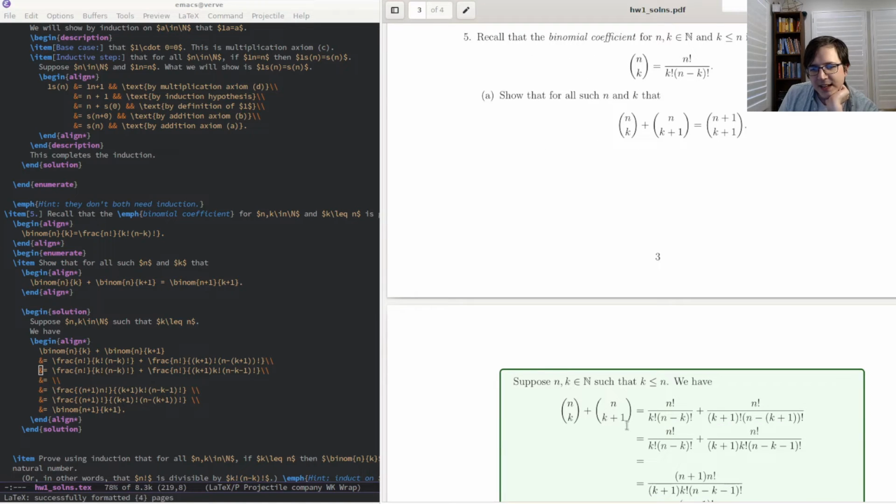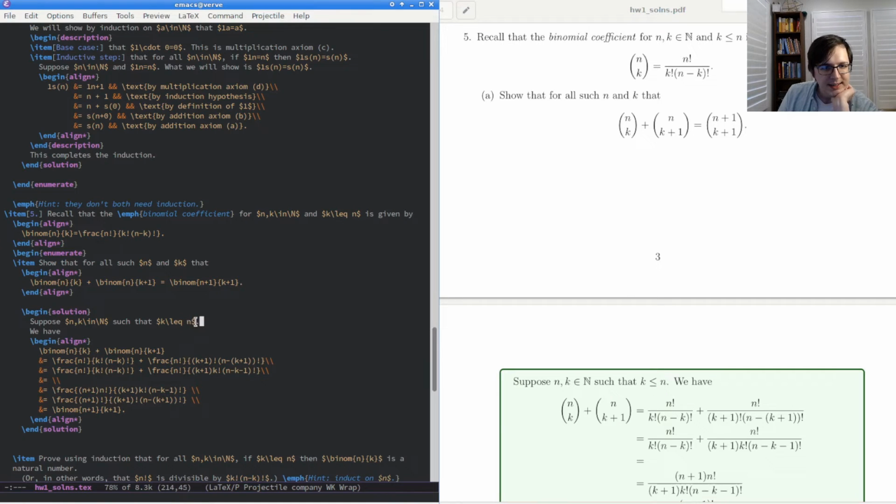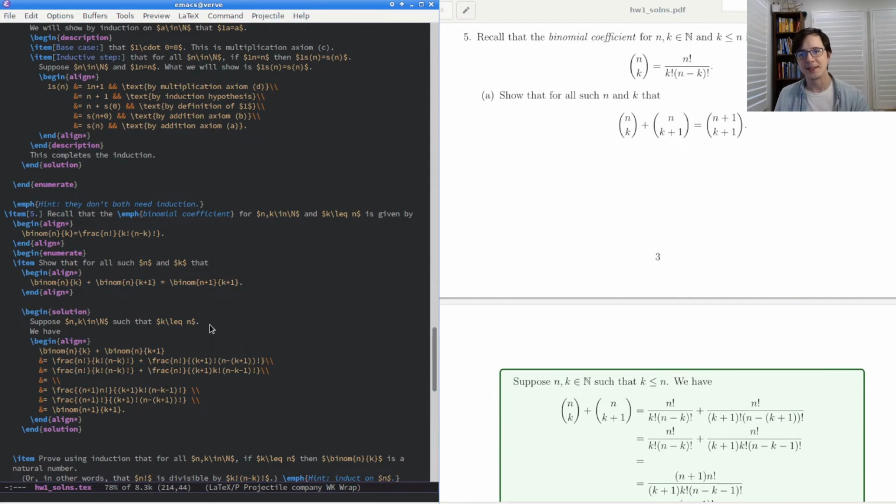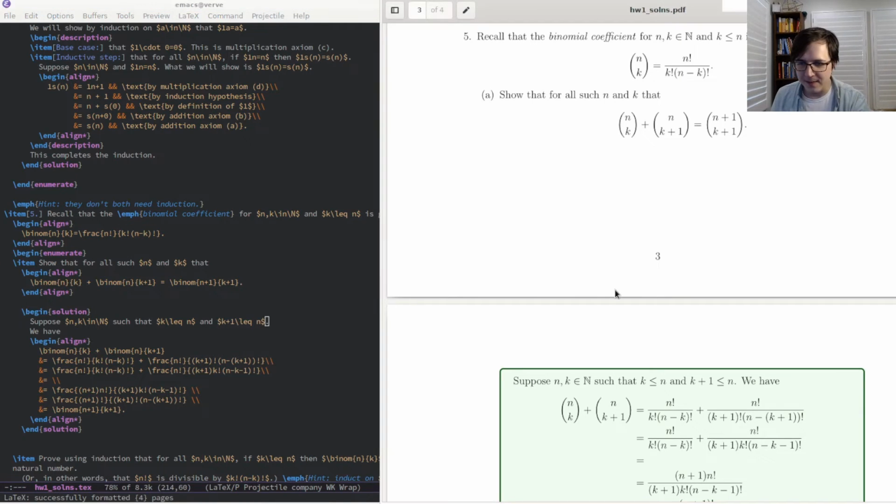For this to be valid at all, we need k plus 1 to be less than or equal to n. That's tricky. I did have that in mind when I was writing this, but I completely forgot. Okay. Okay, that is how we'll fix that problem.